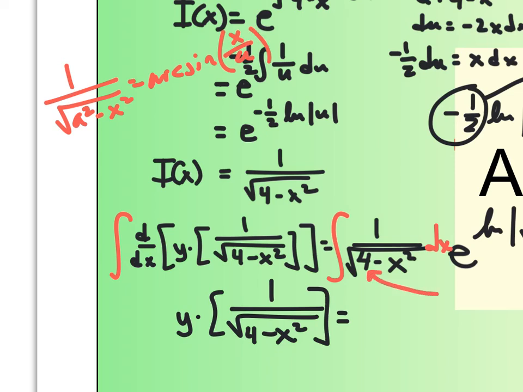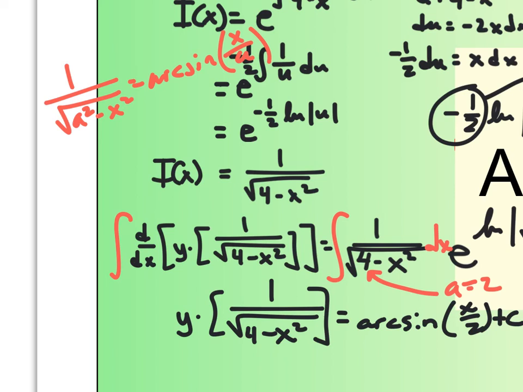In this case, what is a? A equals 2. Therefore, I get the arc sine of x over 2 plus c. What was our initial condition? 0, 1.